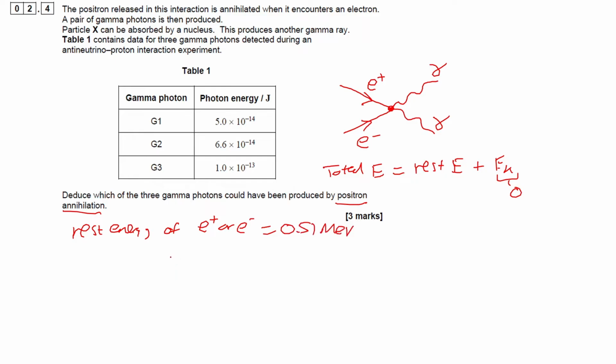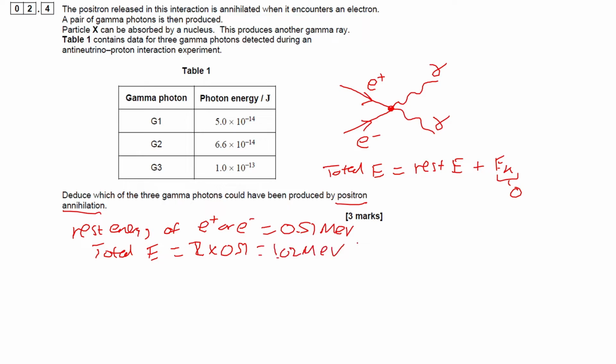So in annihilation, if a positron and electron meet, total energy in that annihilation process is equal to 2 times that 0.51, which is equal to 1.02 mega electron volts.